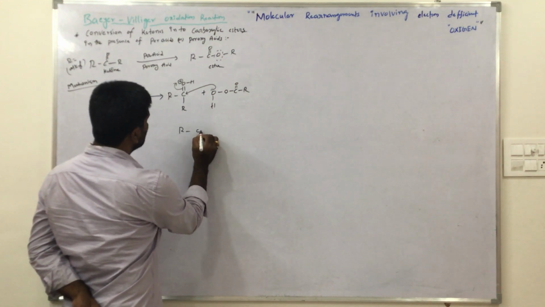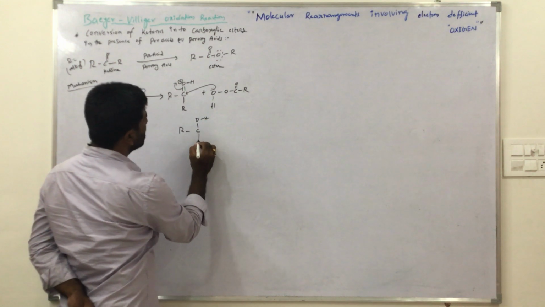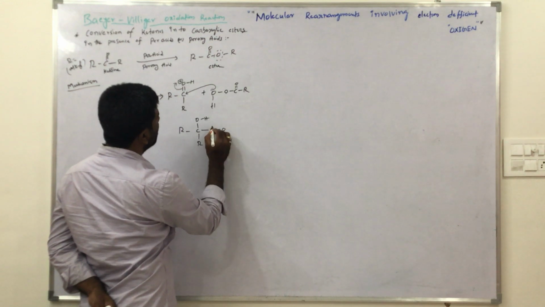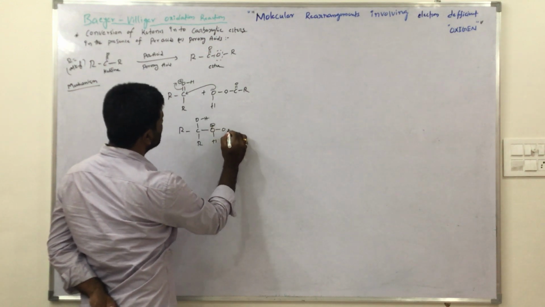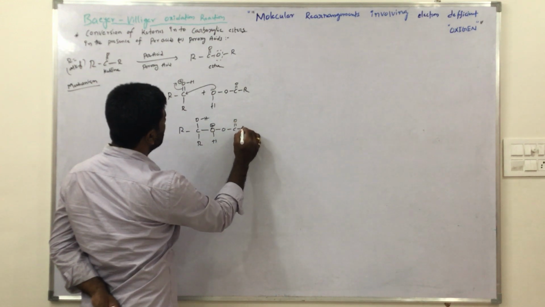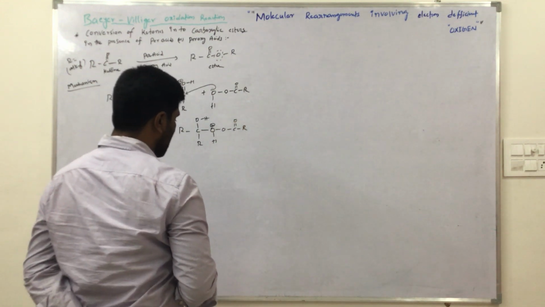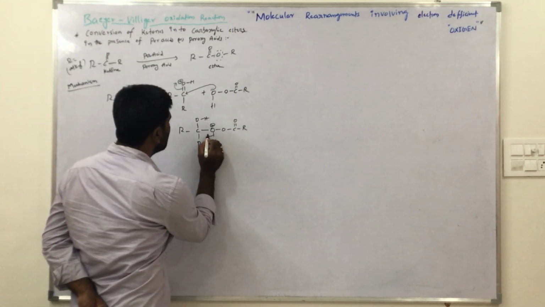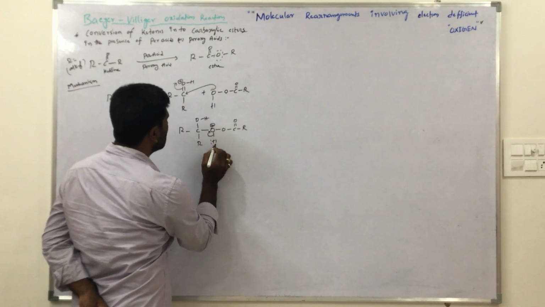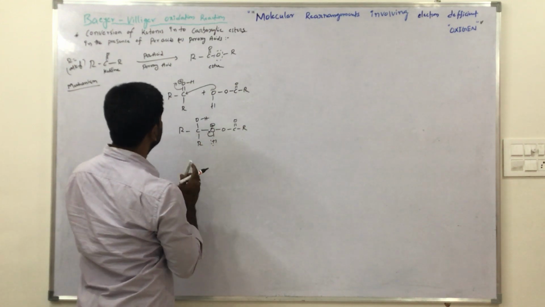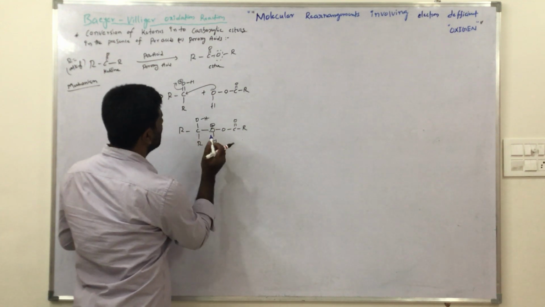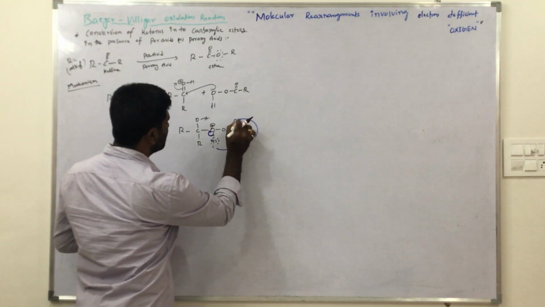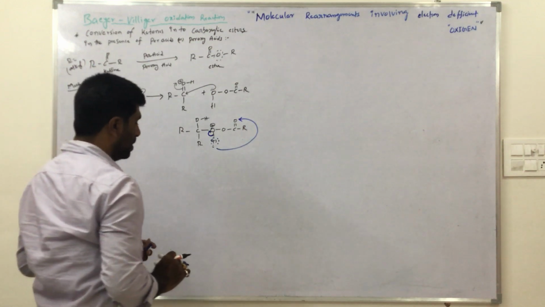Now what happened? R bond C OH, and a new bond to O with a positive charge, this is hydrogen, and C double bond O R. Clear? Now this bond shifted from here to here, and this hydrogen migrated here.